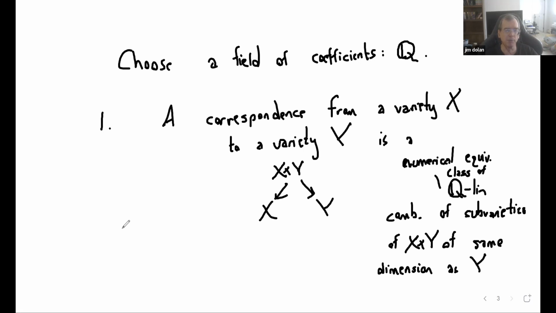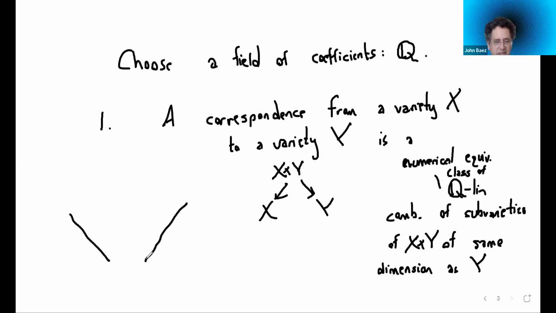Let's see. I'm trying to picture this algebraic cycle, actually the terms of this algebraic cycle. So these subvarieties, those subvarieties, they map down to Y. I guess I could draw one if I was doing real algebraic geometry.